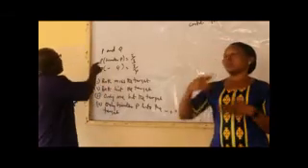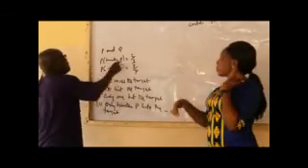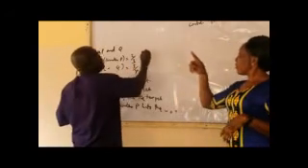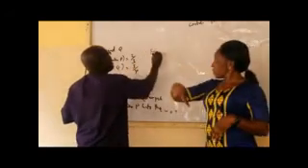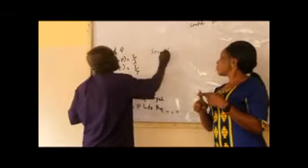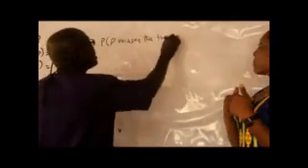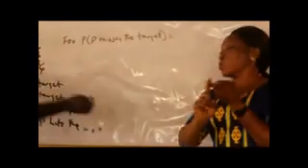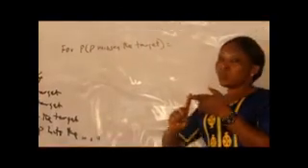So, for P, the probability of hitting the target is 2/3. I can now say that for P, hitting the target or missing the target would equal the total probability, which is 1.